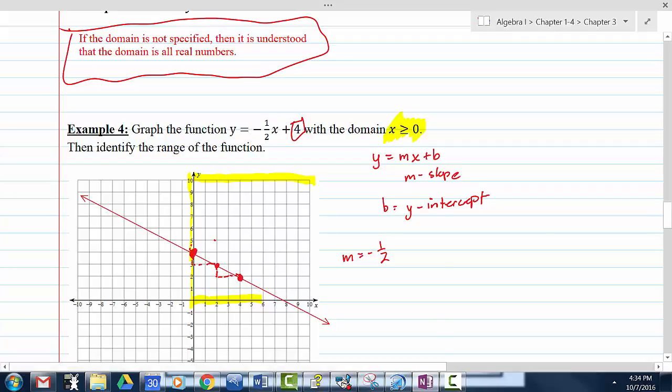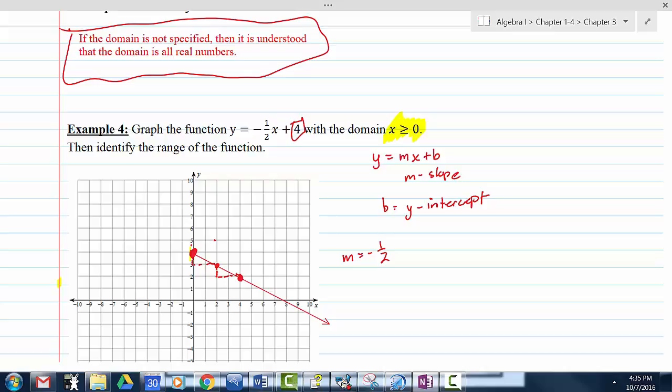The other part we're not talking about. So those aren't in our domain. So really those values aren't even there, so we can just erase that. So the line we're talking about is just that piece. That piece of line right there is the line we're talking about.